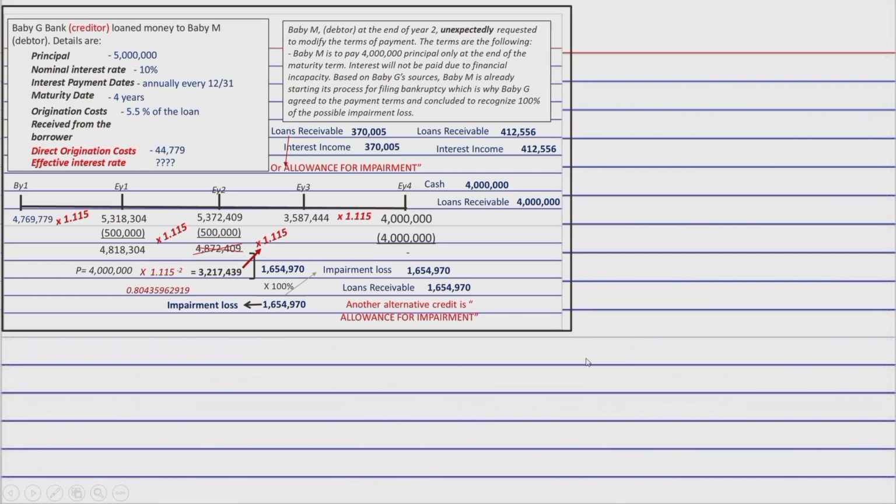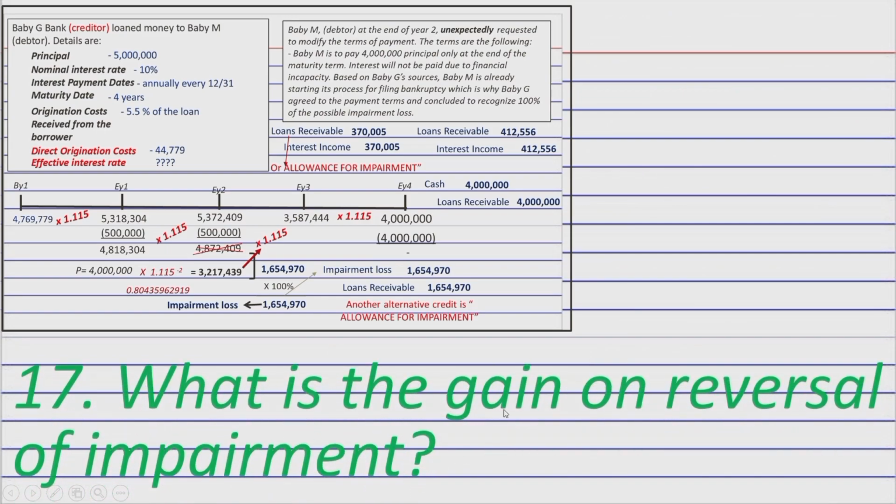Welcome to the last question, which is, what is the gain on reversal of impairment? Guys, let me tell you this. There are times that the debtor's financial condition can recover. Let's go back to this example. In this problem, at the end of year 2, the loans receivable was impaired, right?